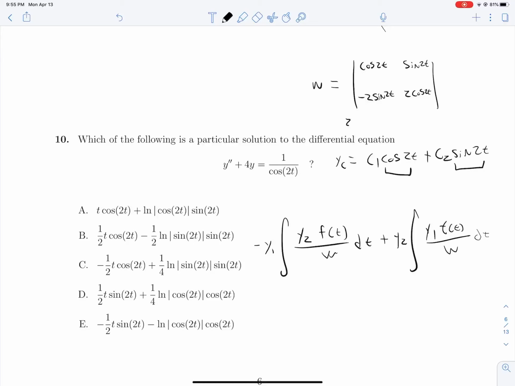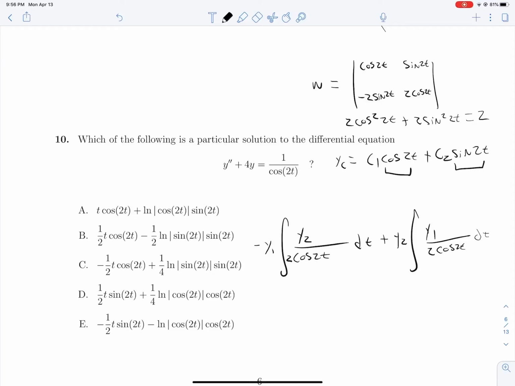This will give us 2 cosine squared 2t plus 2 sine squared 2t, which is just 2. So let's replace both of our Wronskians with 2's. This f of t term is just whatever we have on the right-hand side here, so we can delete that and put a cosine 2t. So we have 2 cosine 2t on both of those bottom denominators.